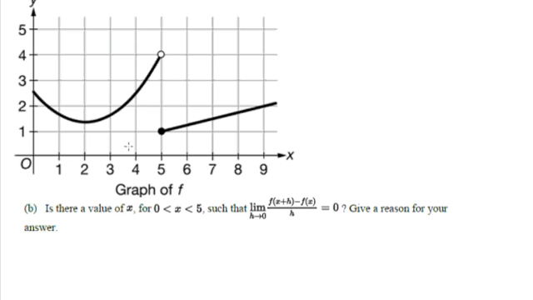So the answer, yes. There is, and we need to give a reason and show our value. So we're saying that this limit statement is the definition of the tangent.